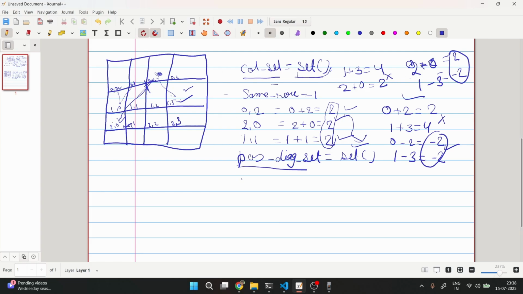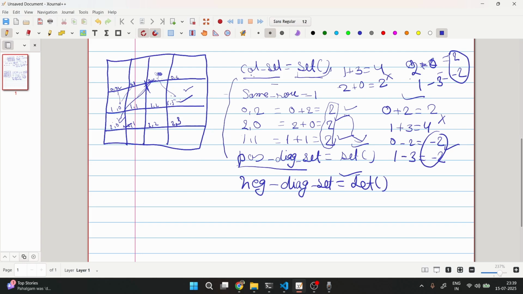So as the next step, let's have a negative diagonal set. You can call it anything, cross diagonal or reverse diagonal, it doesn't matter. We place the row minus column value into this set, and check whether the value for any other checkbox where we're trying to place our queen is present in this set or not. So we have to maintain three sets.